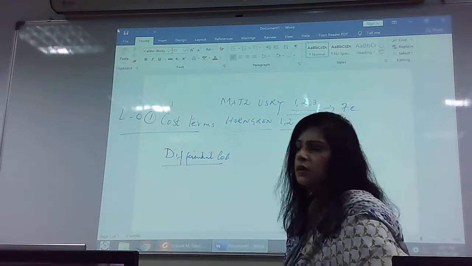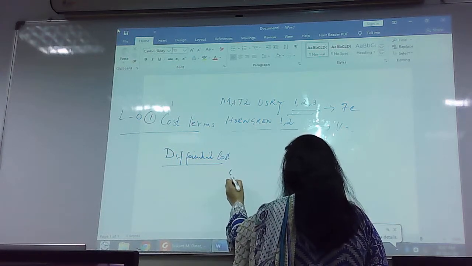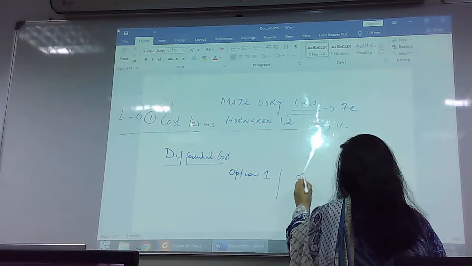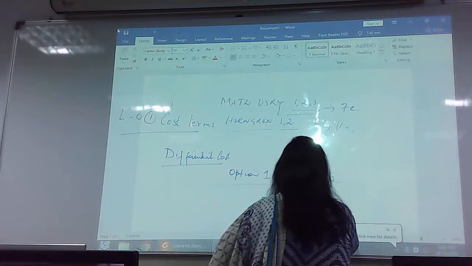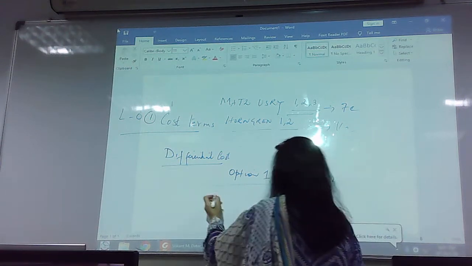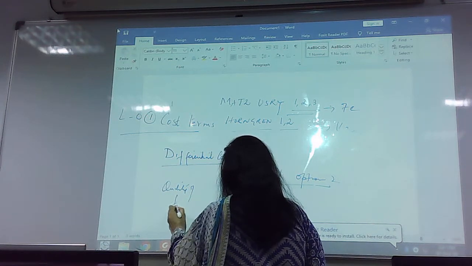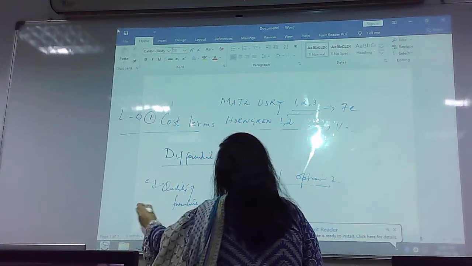First of all, differential cost is having two options with yourselves, right? So this is option 1, and this is option 2. For instance, the quality of furniture for this university. This is just an example.